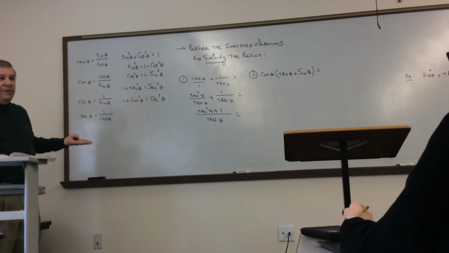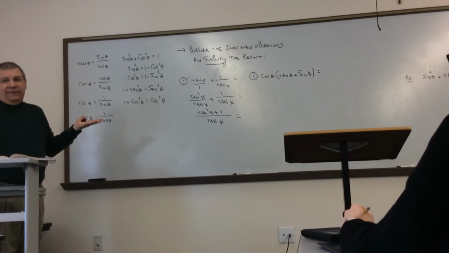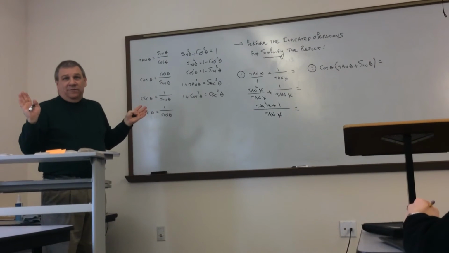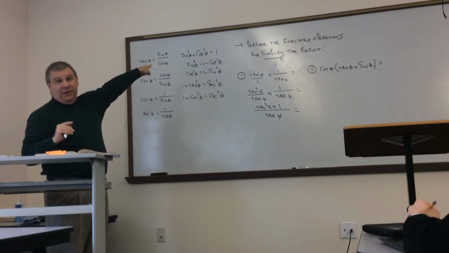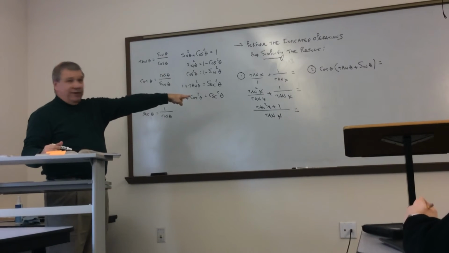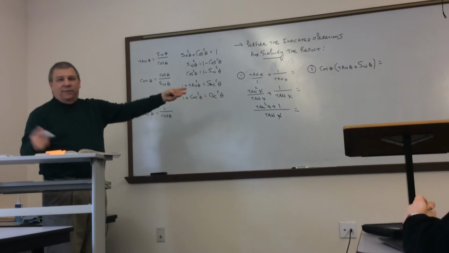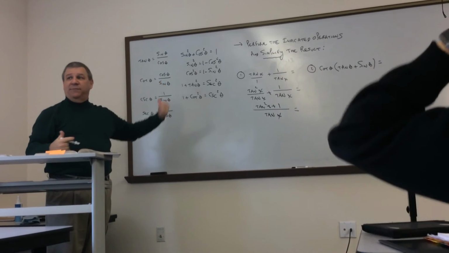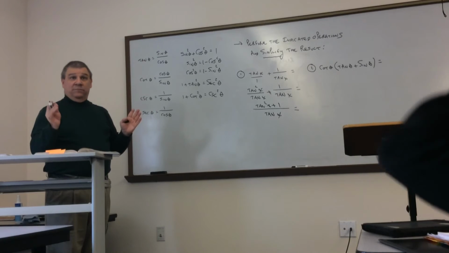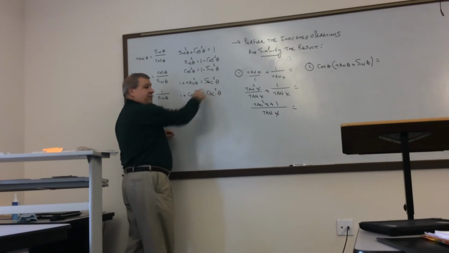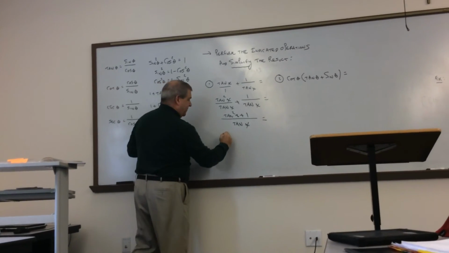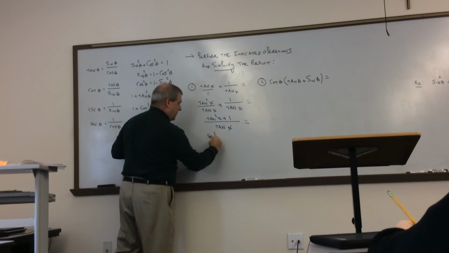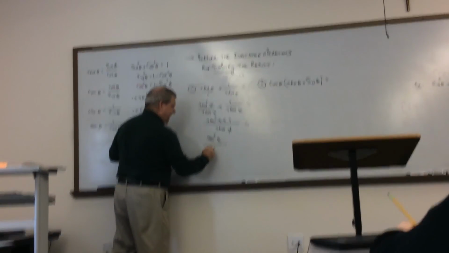Now, the numerator is practically jumping out of the board. Numerator, tan squared of x plus 1, what's that equal? That's a perfect application of one of these identities behind me. Rob? Secant squared of x. Everybody? 1 plus tan squared, that's secant squared, right? So we got secant squared over tan.